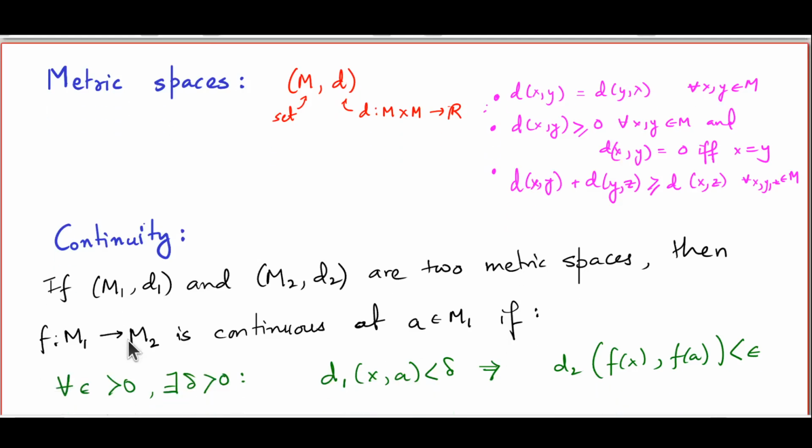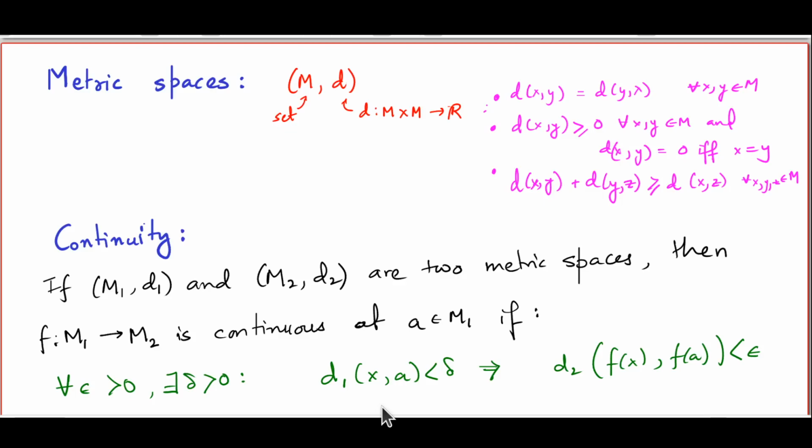So, if (M1, d1) and (M2, d2) are two metric spaces, then the function f, which maps M1 into M2, is continuous at a point a belonging to M1 if the following condition holds. You would realize that this is really nothing but a direct generalization of the condition of continuity on a real line.